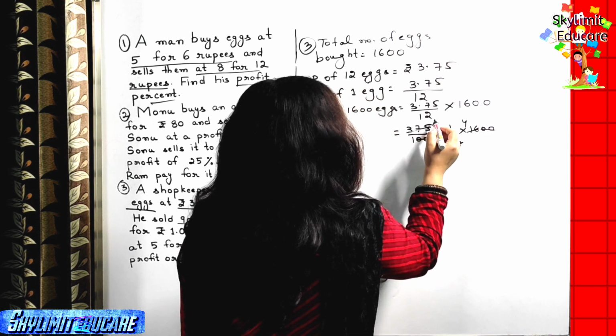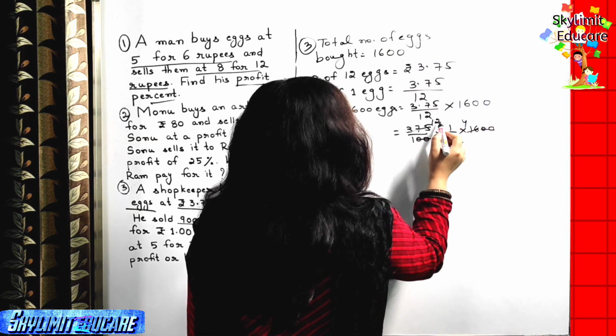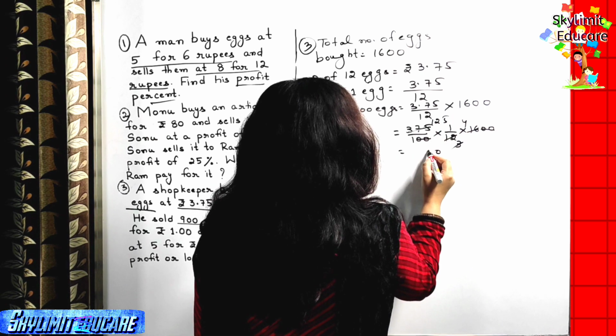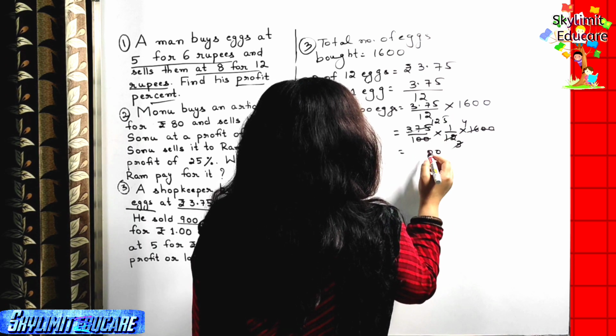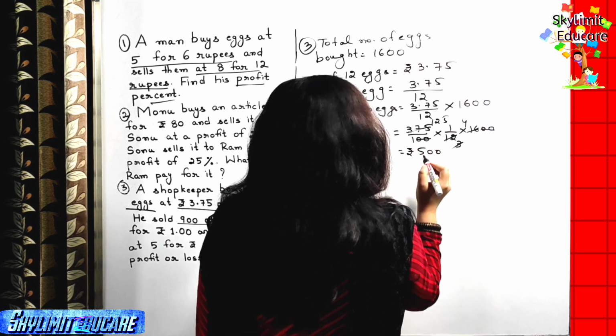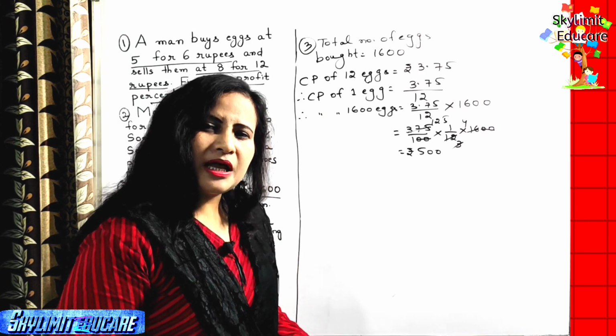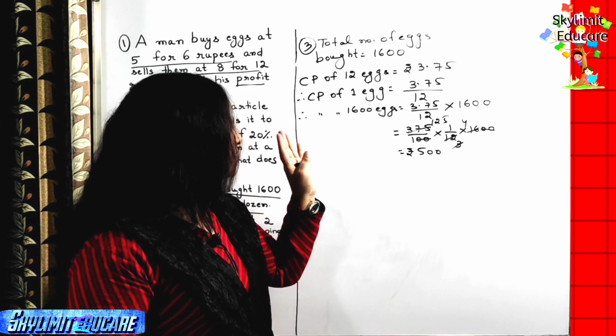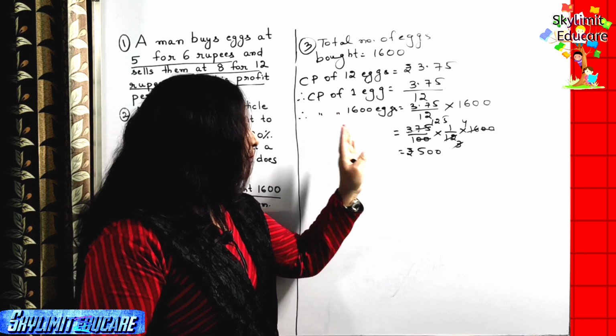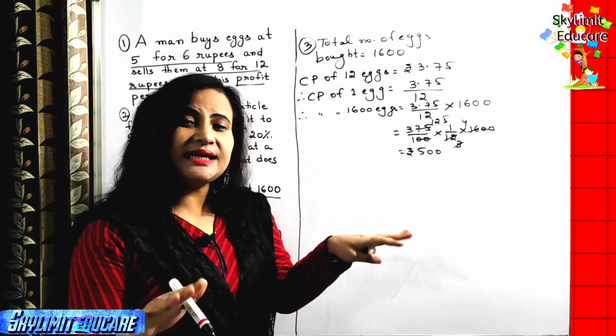This will be divisible by 3; 3 1s are 3, 3 2s are 6, 3 5s are 15. So we got here 500 rupees. That means the shopkeeper paid rupees 500 for 1600 eggs.